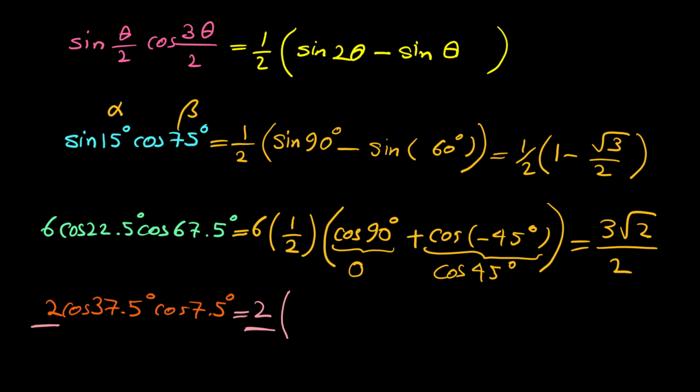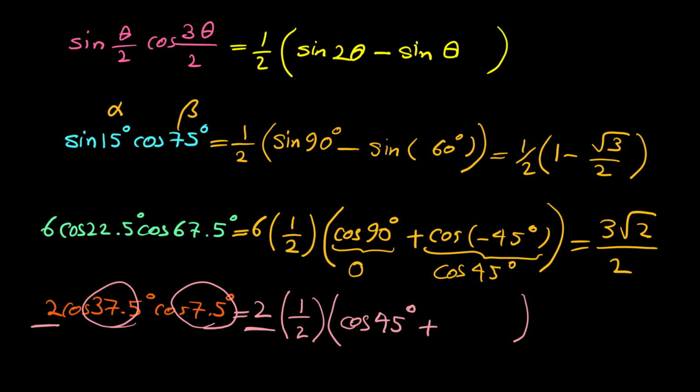Then don't forget your formula has a 1/2. Then cosine of the sum of the angles. 37.5 plus 7.5 is 45 degrees. Then cosine of the difference of the angles. 37.5 minus 7.5 is 30 degrees.